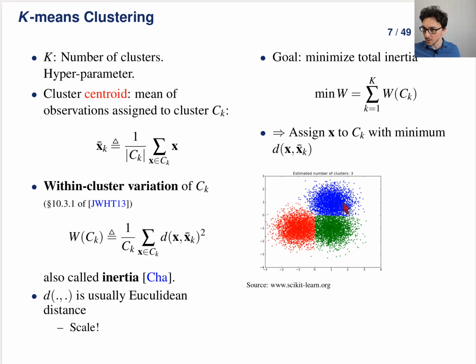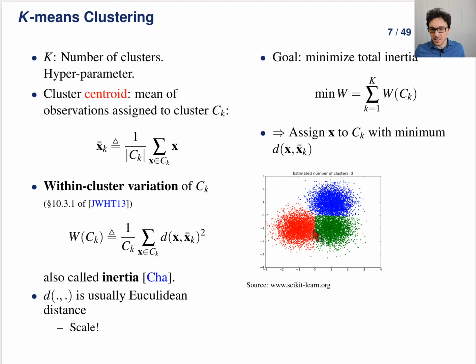For instance, if we consider this blue cluster here, this point I'm pointing at is a centroid. Okay, then we can compute for each cluster the within cluster variation. That is a sort of measure of compactness of that cluster. In fact, it is the average of the distance between each point and its centroid.